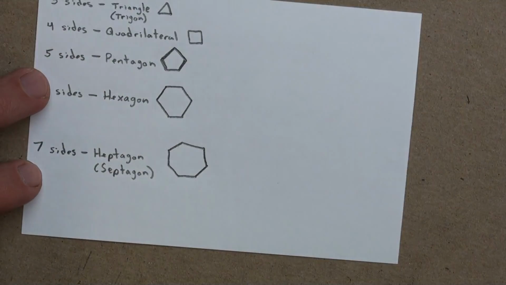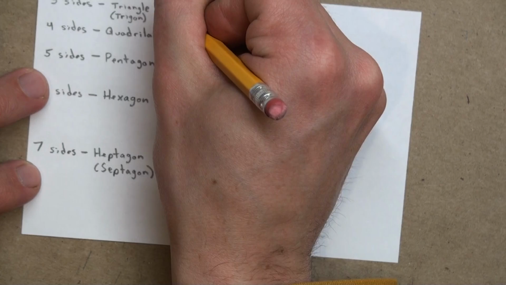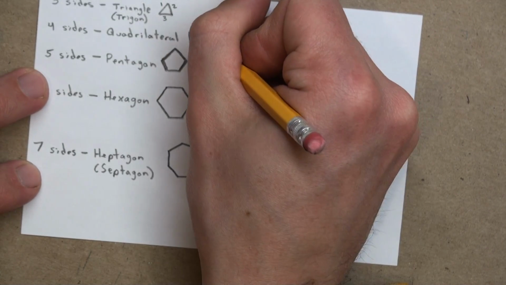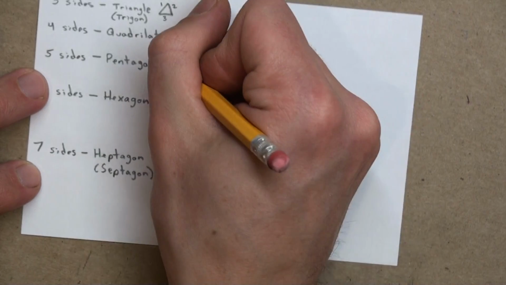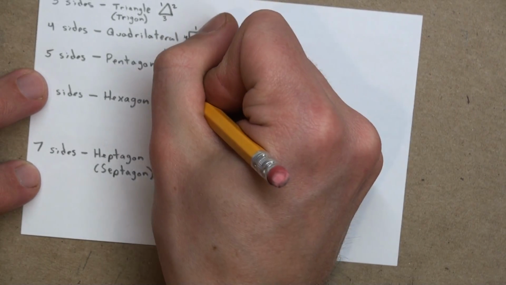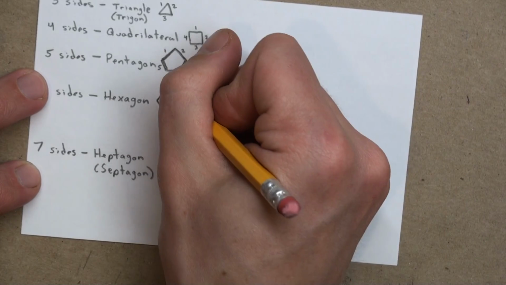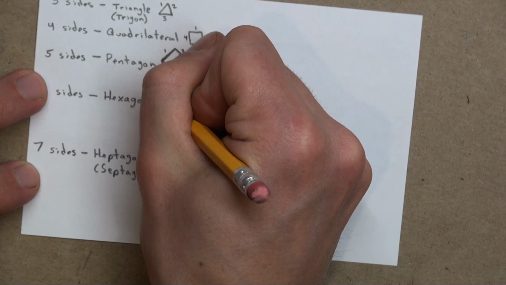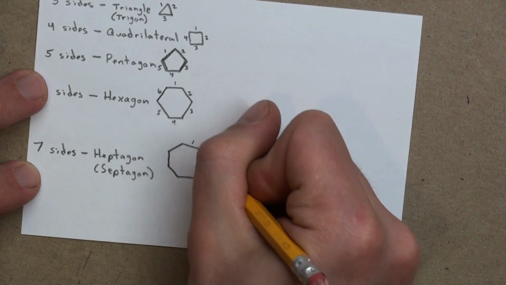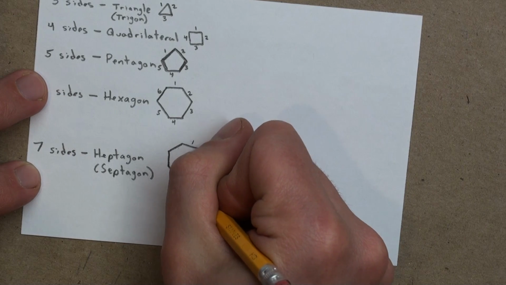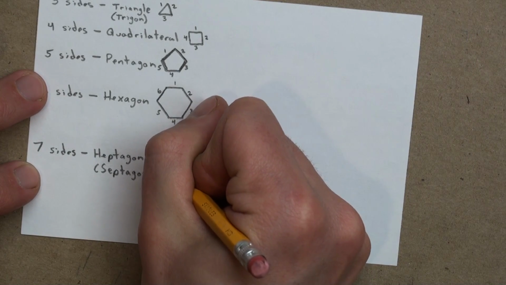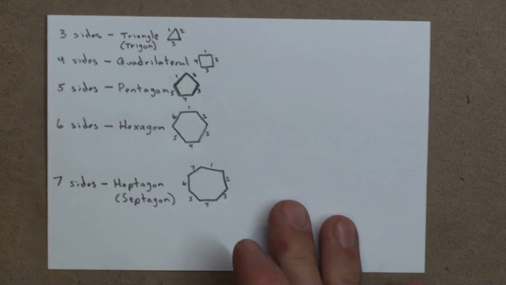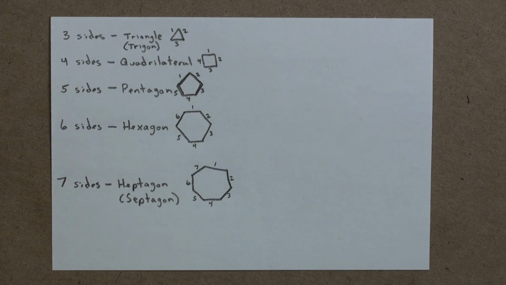Let's number them, right? To make this clear. 1, 2, 3, 1, 2, 3, 4, 1, 2, 3, 4, 5, 1, 2, 3, 4, 5, 6, and 1, 2, 3, 4, 5, 6, 7. Okay, let's keep going. We got a couple more to do.